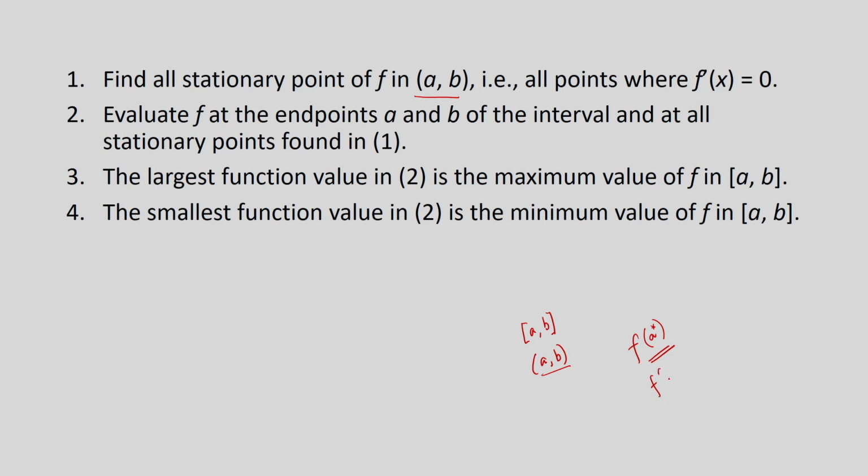At the same time, we also find out what is f a, what is f b. The largest function value in 2 is the maximum value of f in a to b, and the smallest function value in 2 is the minimum value of f in a to b, right.